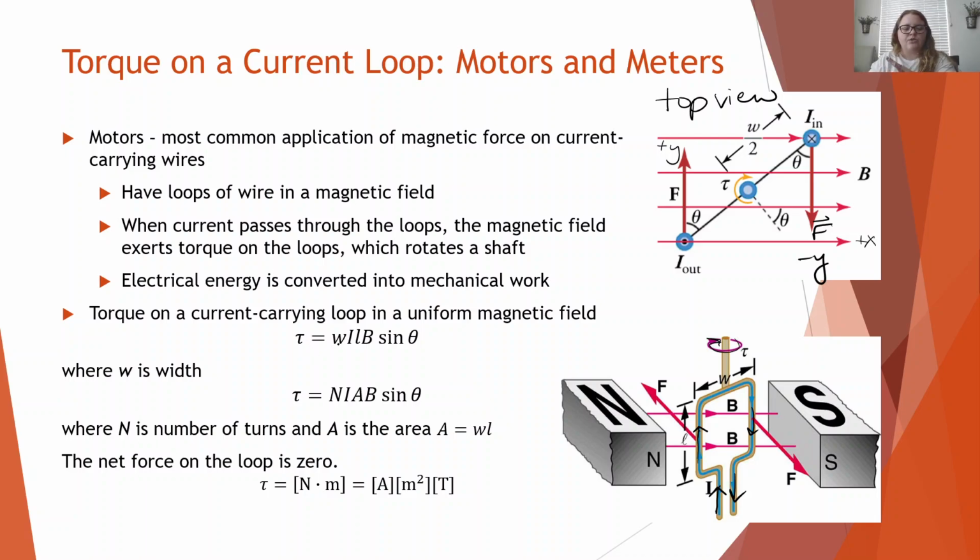we have tau equal to W, the width, I, the current, L, the length, B, the magnetic field strength, sine theta, where theta is the angle that we see here, which is the angle between the wire where the current is, with respect to the middle where the torque would be happening, and the force.